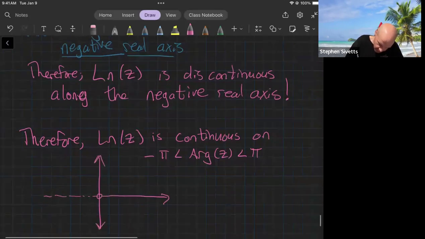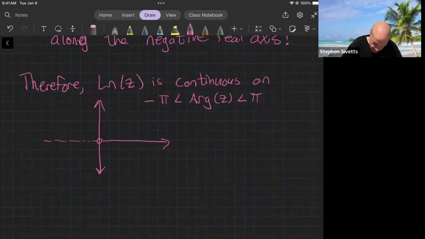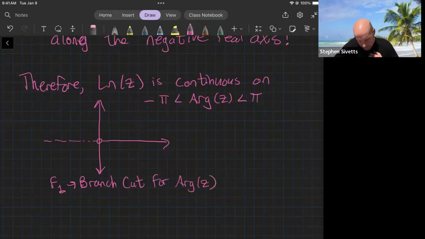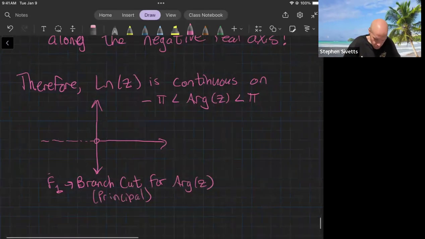So we are disregarding the negative real axis. They refer to this as a branch cut. So this will be a branch cut for the argument of z, right? Not only that, this is what's called the principal branch cut. They label this as F1.